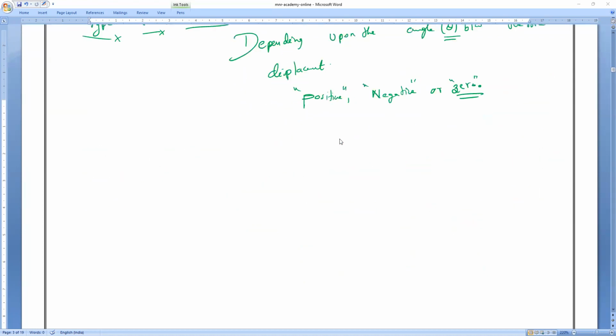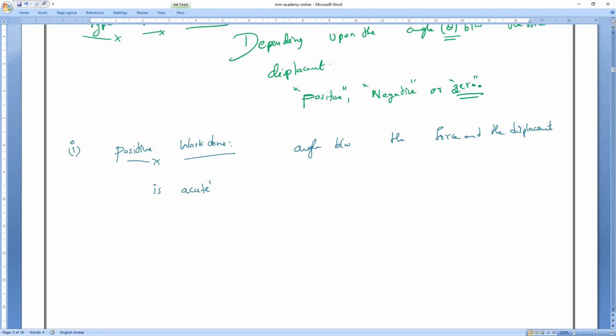So now let us talk about positive work done. Positive work done means, remember, the angle between the force and the displacement is an acute angle.